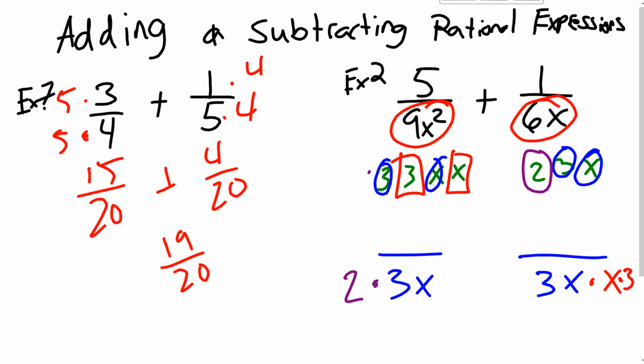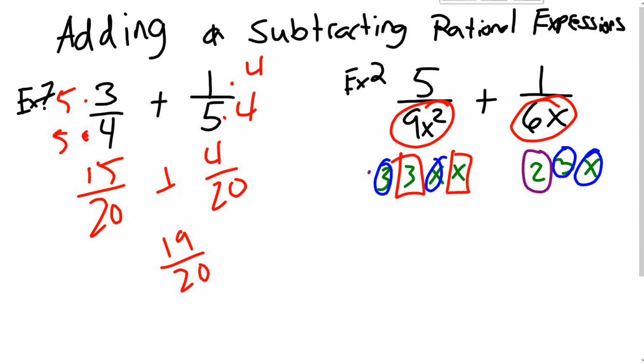So this one I need to multiply by 2. So then each will have 2 x's, and each will have 2 3's, because this one has 2 3's, and then they will also have another 2. That might have just been confusing to you probably.